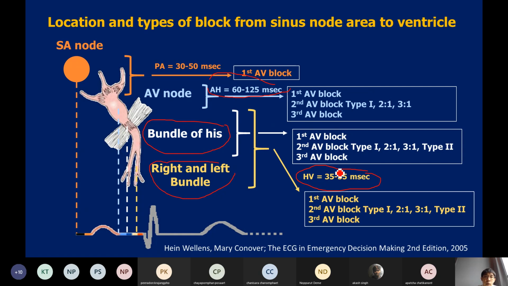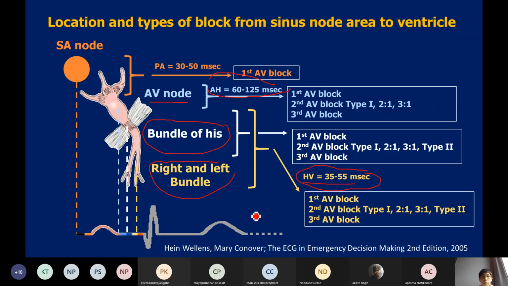If the AH interval is prolonged, there is some abnormality in the AV node area. And if the HV interval is prolonged, there is some abnormality below the AV node area, in the bundle of His and the right and left bundle.